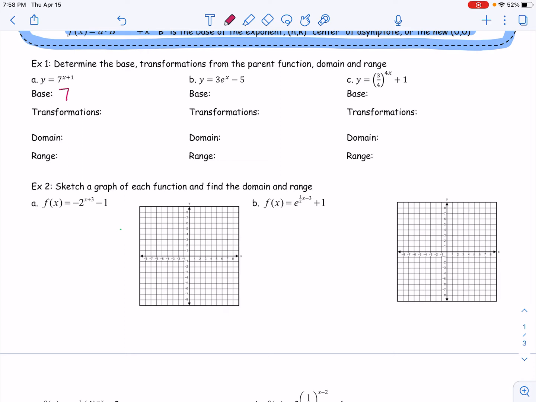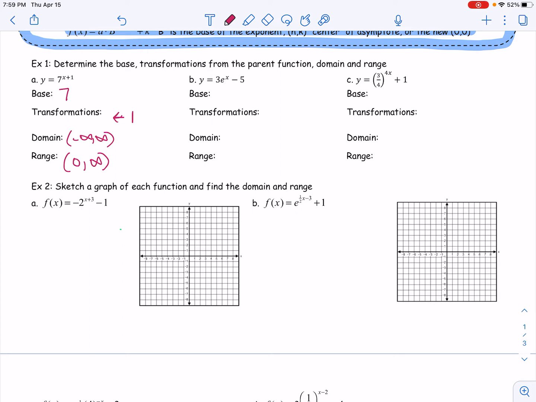So our transformations, I see a plus 1 where the exponent is, so that means I'm shifting left 1 unit. Domain will always be negative infinity to positive infinity, and then range is going to be based on shifts up and down or reflections over the x-axis. Well, we have none of those transformations applied, so it's still going to be from 0 to infinity.